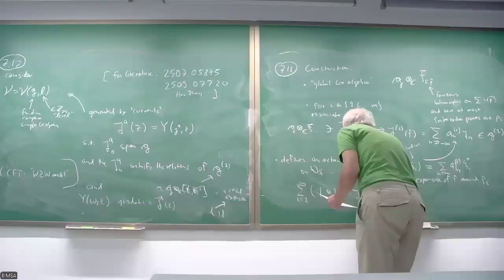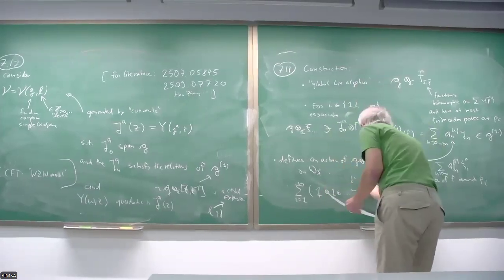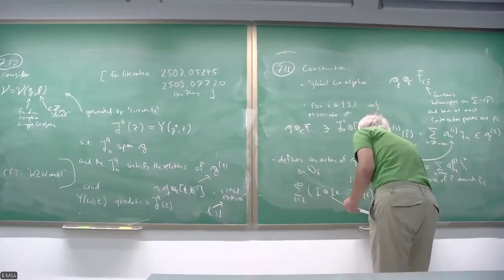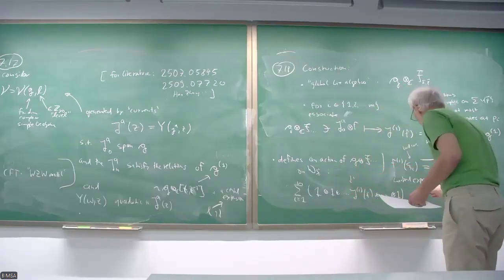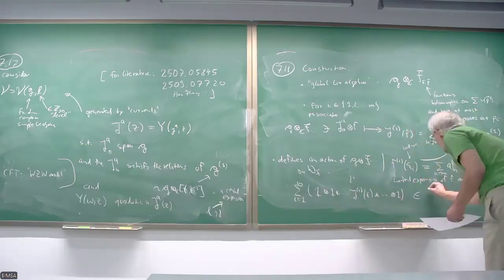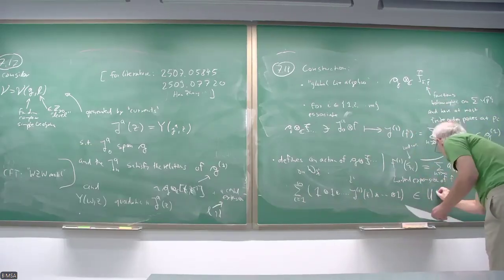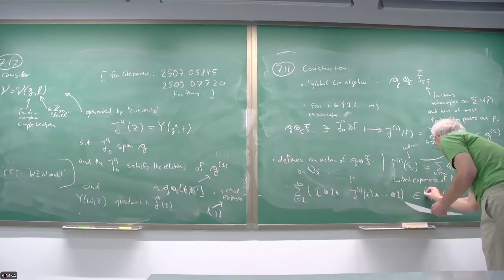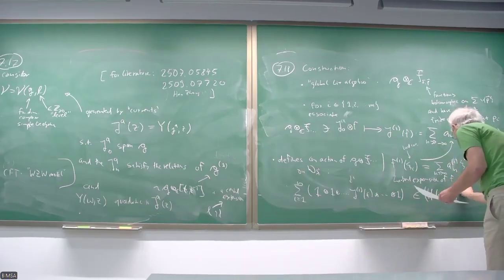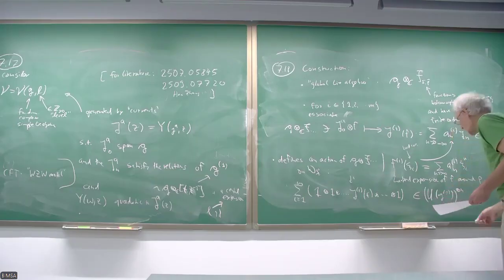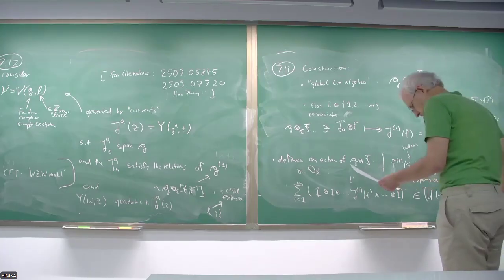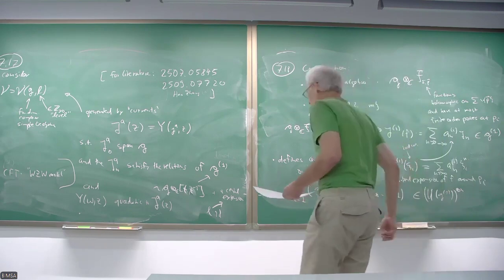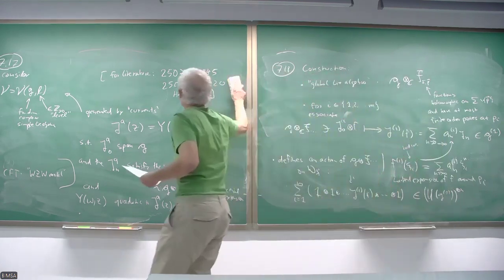I take this j_i of f, which I have defined here. So this is an element in the universal enveloping algebra of g-hat to the tensor power m, maybe up to some completion here, but I will not go into that. And I now have this action on the tensor product.